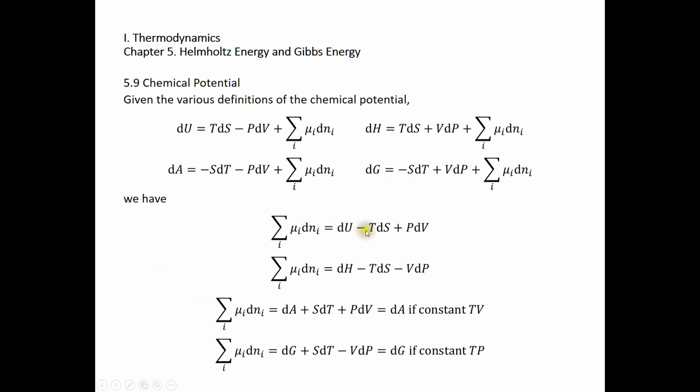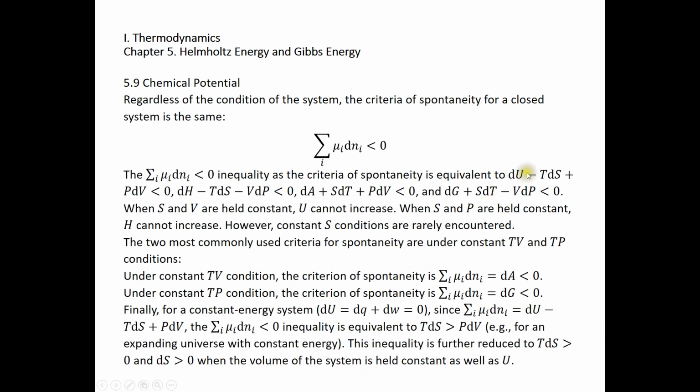That means dU minus TdS plus PdV must be negative. dH minus TdS minus VdP must be negative. And this must be negative. This also must be negative. So we have these 4 inequalities here. Again, dU minus TdS plus PdV must be negative. And then we have 3 more in terms of dH, dA, and dG.